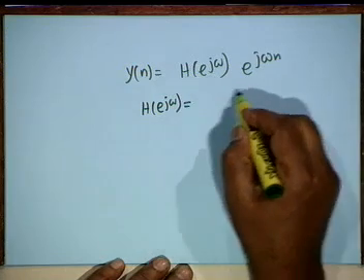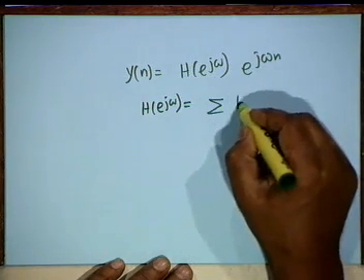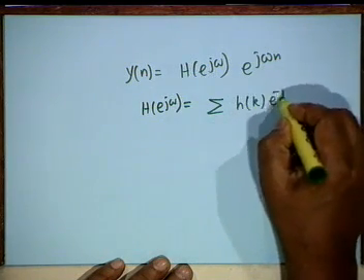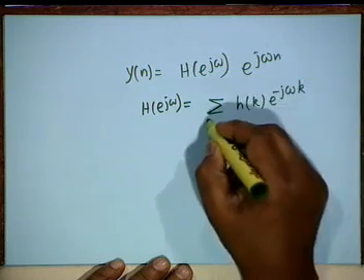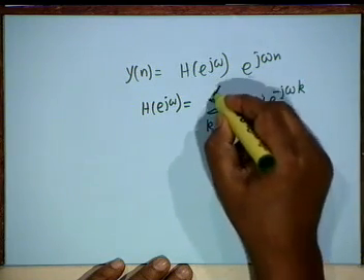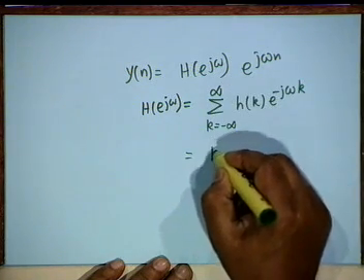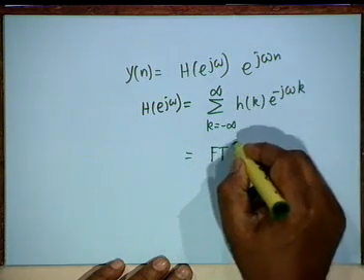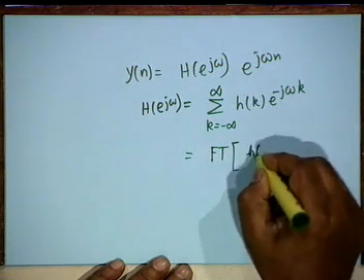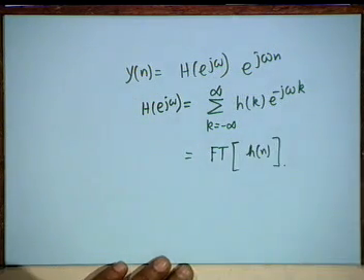You notice that capital H of e to the j omega is the summation of h k e to the minus j omega k, k going from minus infinity to plus infinity, is simply the Fourier transform of h of n.